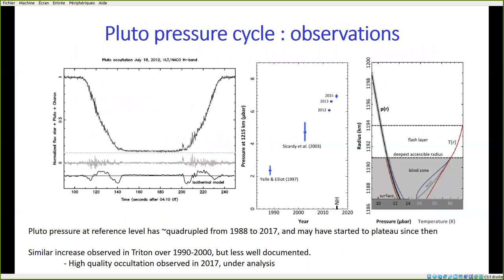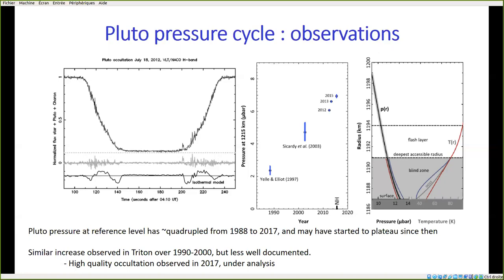So let's focus now more on Pluto and Triton. On both objects, but especially on Pluto, we now have evidence that the pressure varies with time. And this is evidenced by stellar occultation measurements that have revealed that Pluto's atmosphere at some reference level has typically quadrupled since the discovery of its atmosphere in 1988.